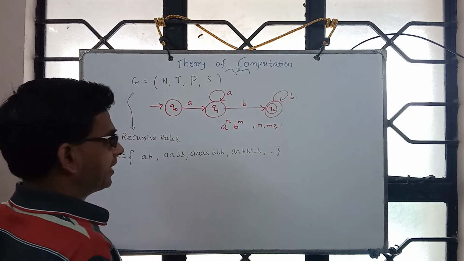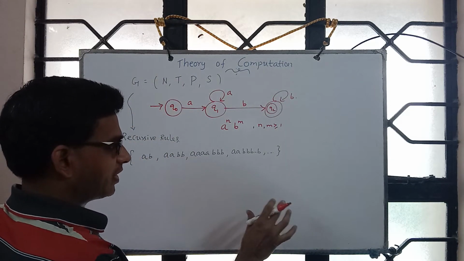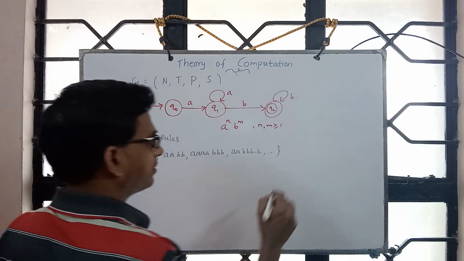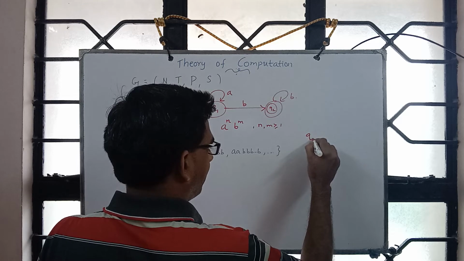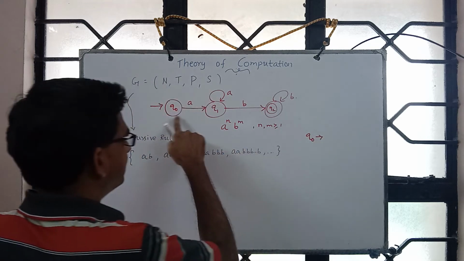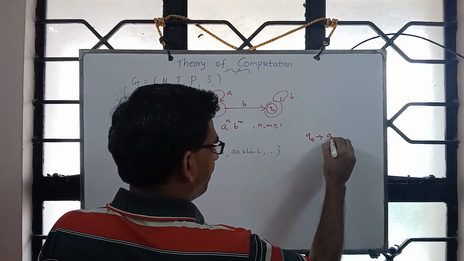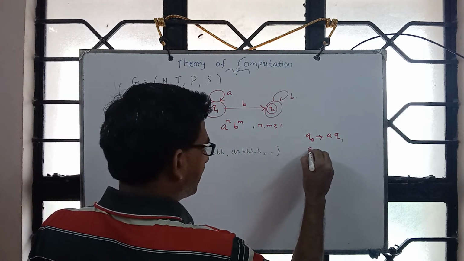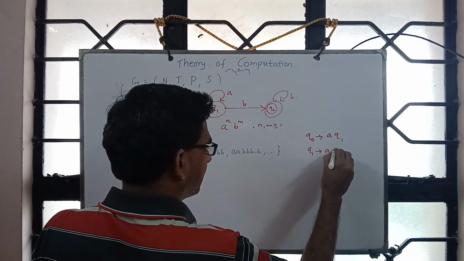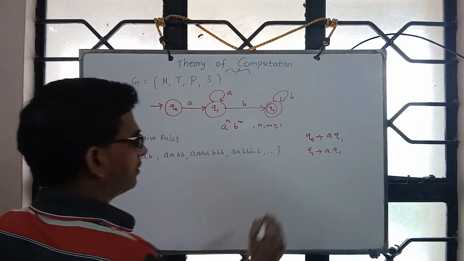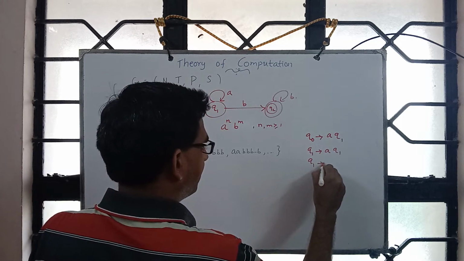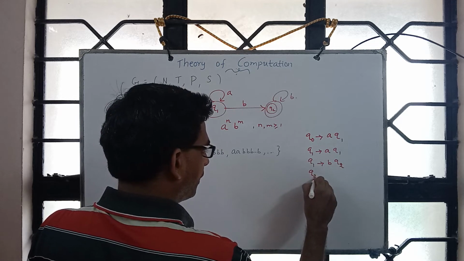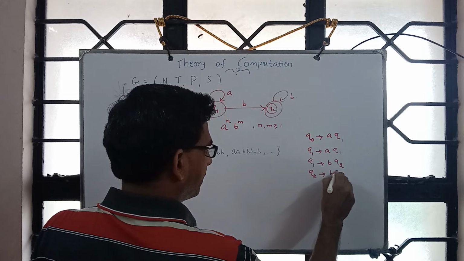So here is the way I describe the grammar. Let's play with a couple of examples and then extract a larger message. For example, I say Q0 implies A Q1, and Q1 implies A Q1, Q1 implies B Q2, Q2 implies B Q2.